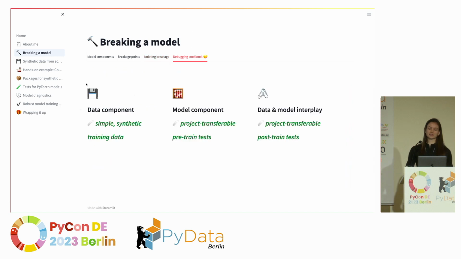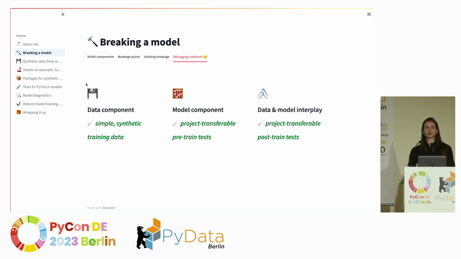I prepared a little debugging cookbook for you, and it basically has 3 components. Our main takeaway here is that we want to isolate each of these components to make sure that we identify any bugs in our error. So the first component is our data. If something is going wrong in our data or our data loaders, we basically have no chance to train a good model.